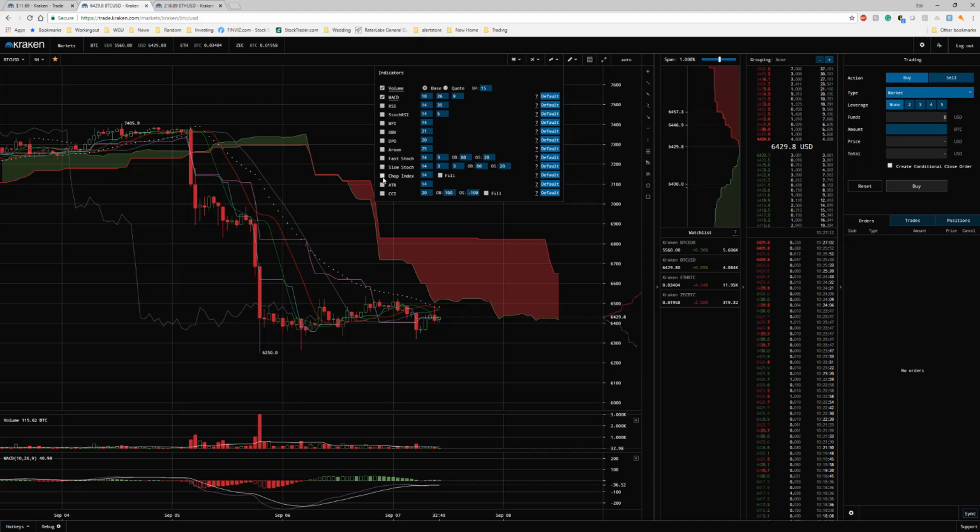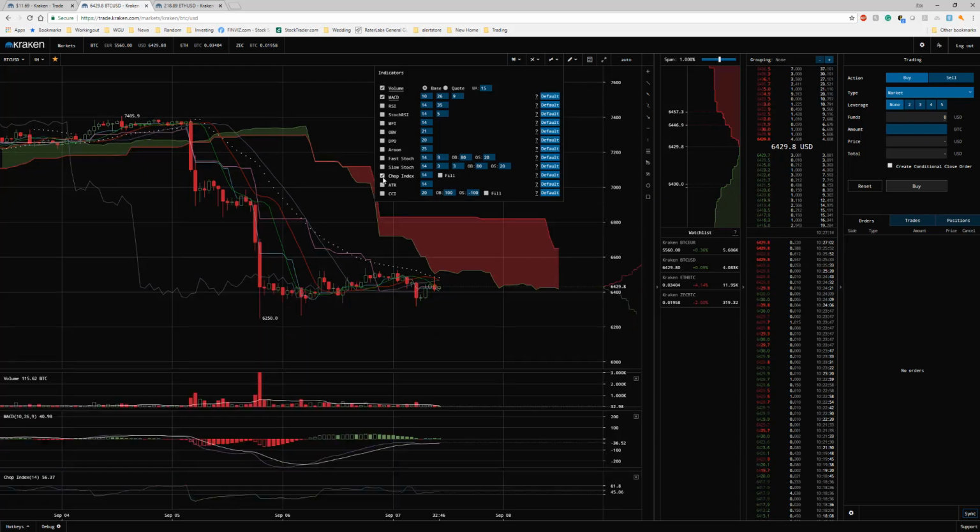The Chopak index is here. This is an interesting indicator. In fact, this indicator was created a little oddly. It's not really based on a lot of math. It's based off of the bereavement cycle. The gentleman who created this indicator asked a number of pastors and priests, how long does it usually take for a person to recover from the death of a loved one?